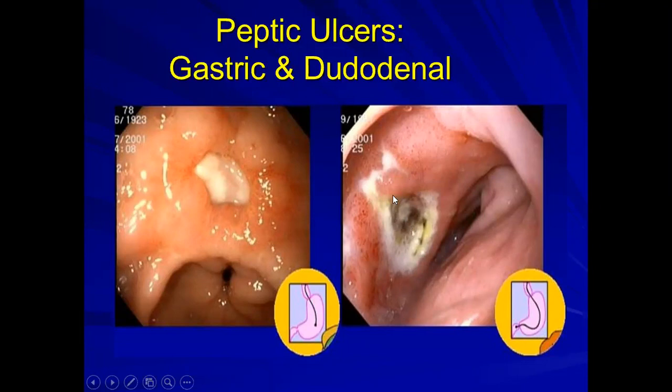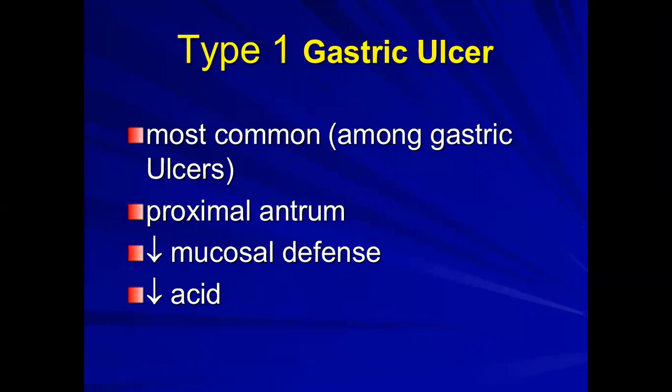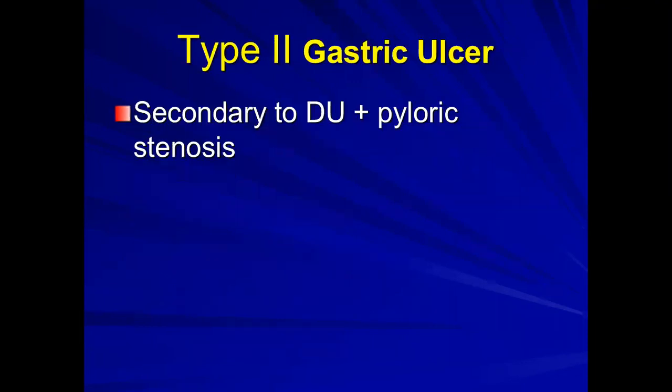In the duodenum, ulcers are commonly found in the first part. Among gastric ulcers, type 1 is the most common. It is in the proximal antrum and occurs due to decreased mucosal defense and decreased acid production.